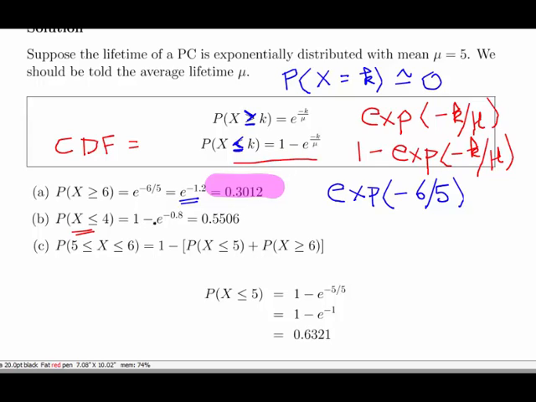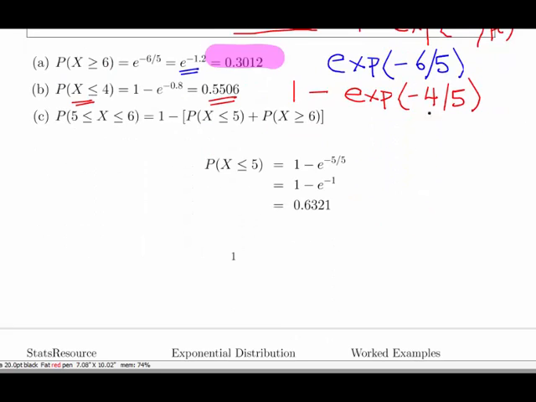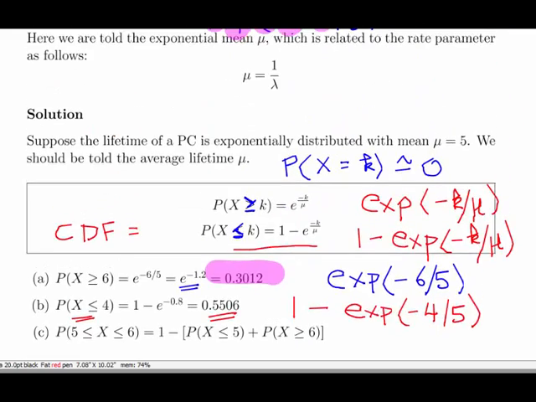That is 1 minus the exponential of minus 4 over 5, and that works out to be 0.5506.